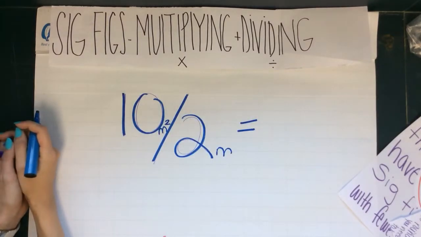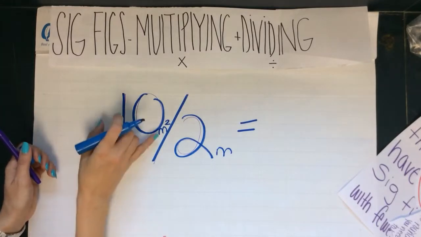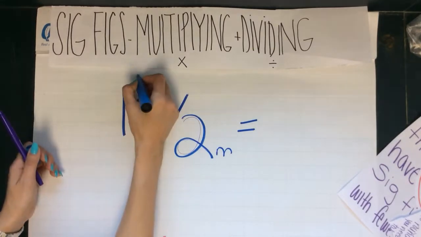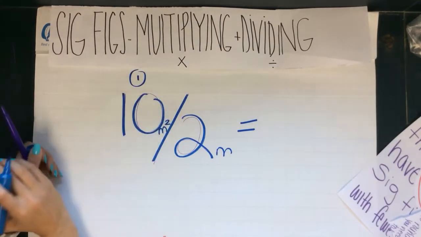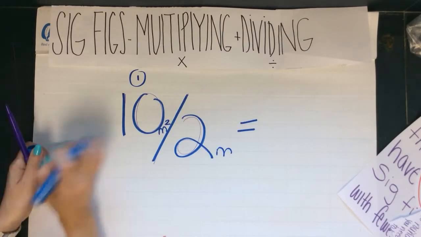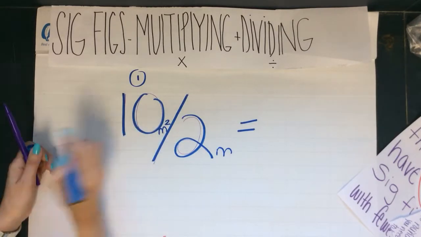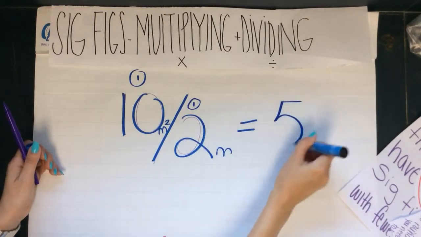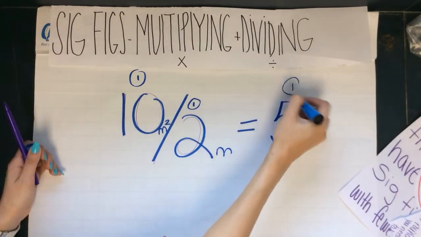I clearly know 10 divided by 2 is 5, but how many sig figs? I look at 10, no decimal anywhere in the number, so a trailing 0 is not significant, so 1 sig fig. I look at 2, and non-zero digits are significant, so 1 sig fig. So my answer is going to be 1 sig fig.